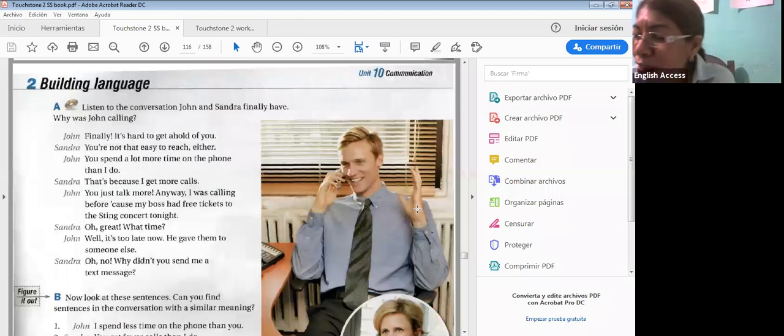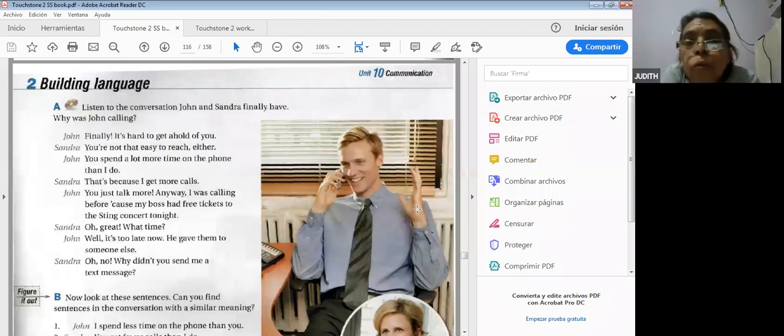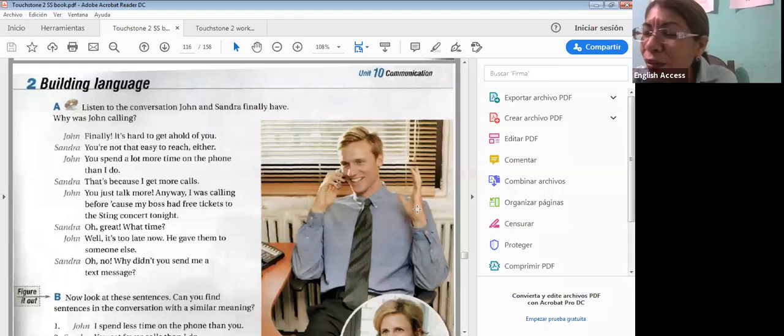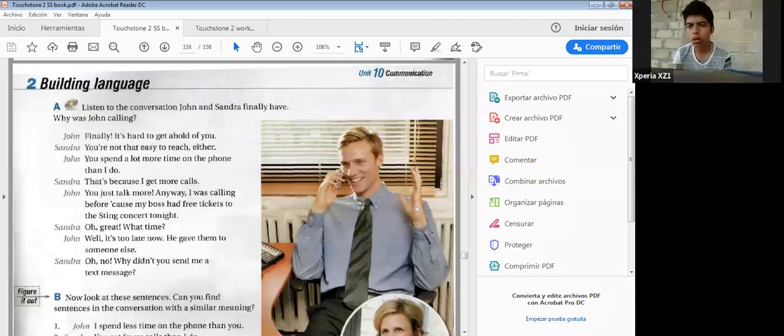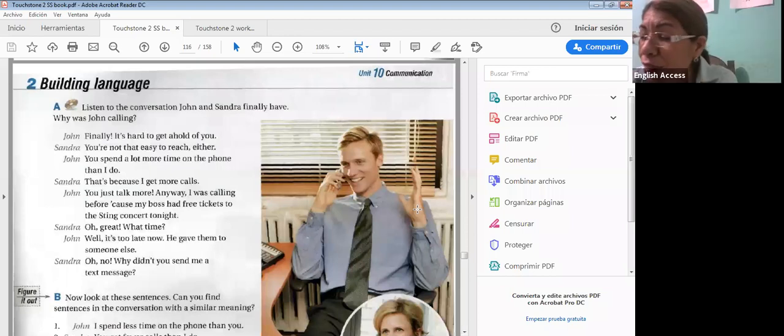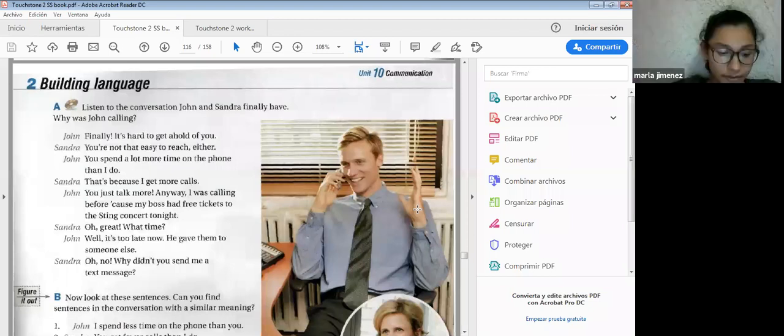Are they going to the concert? Yes, they are going to the concert. Yes, are you sure?